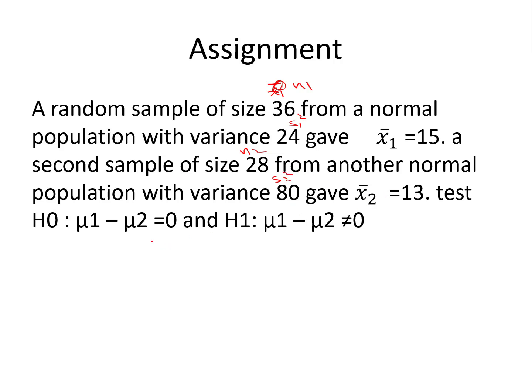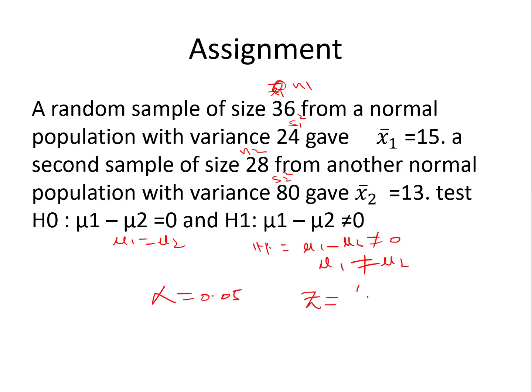Okay, and x2. Test the null hypothesis that mu1 is equal to mu2, and the alternative hypothesis that mu1 minus mu2 is not equal to 0, or mu1 is not equal to mu2. Now you need to check this claim and use alpha equal to 0.05. So definitely you will use this test: x1 bar minus x2 bar minus the difference.